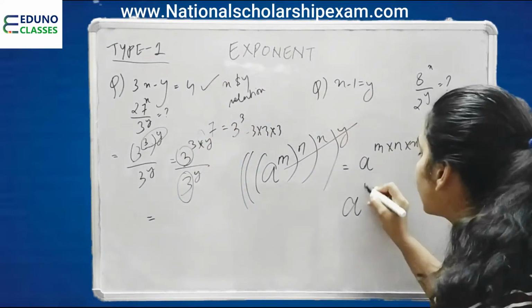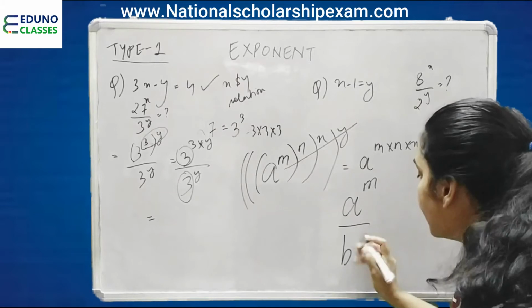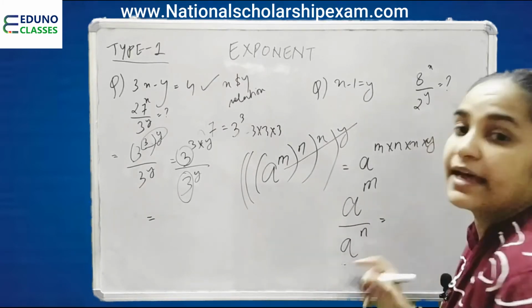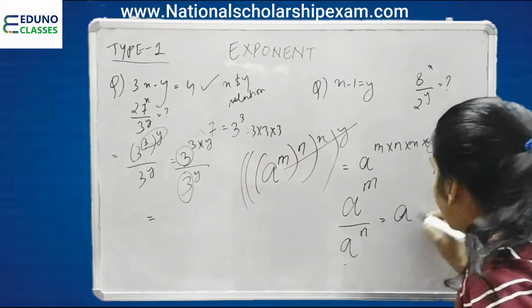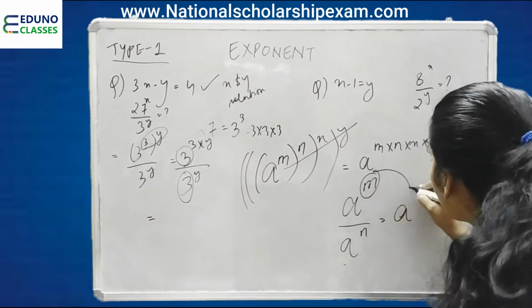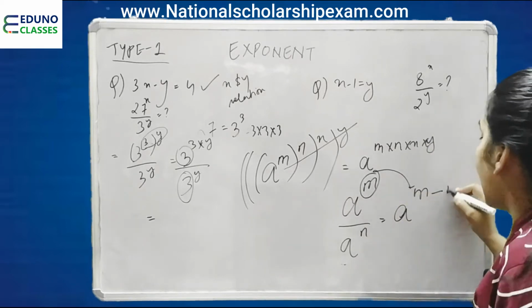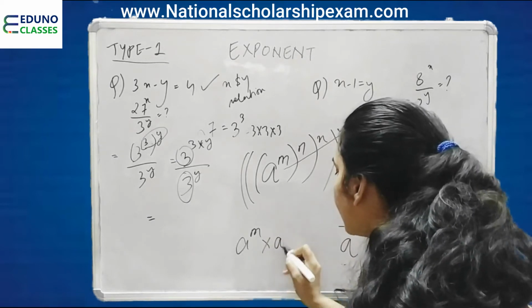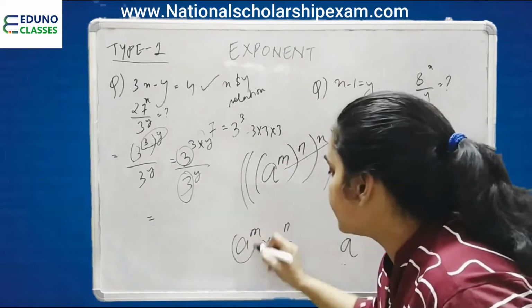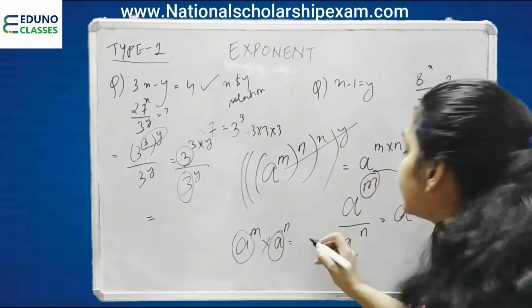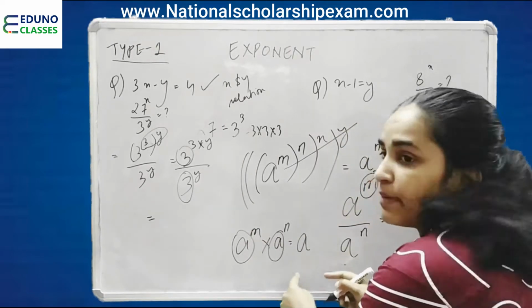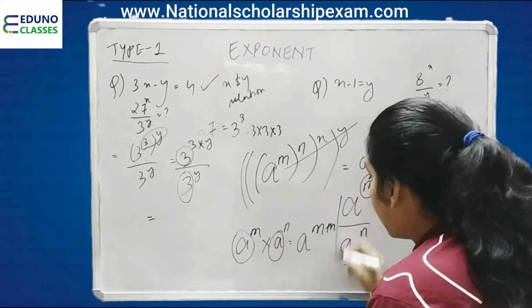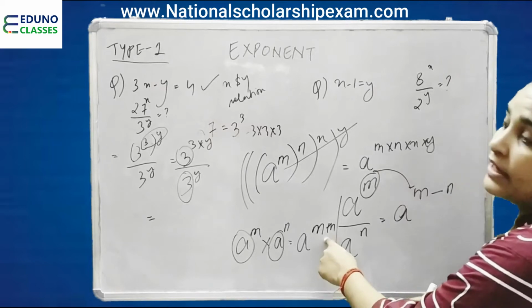That is, if we have a power m divided by a power n, then we can simplify it as a to the power m minus n. And what if it was in multiplication, like a power m into a power n? Bases are the same, this a is our base, so we write the same base, a to the power, and the exponents will come into addition. Don't forget, guys, it will not come into multiplication.